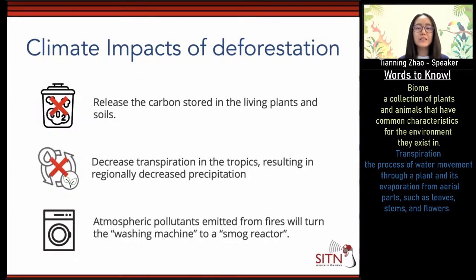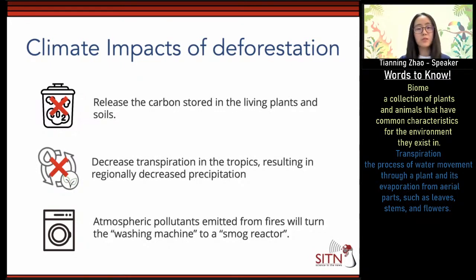When you replace the primary forest with grassland or pastureland or cropland, the transpiration process is not going to be as strong. So you have less water vapor supplied to the atmosphere, and that will result in a regional decrease of precipitation.